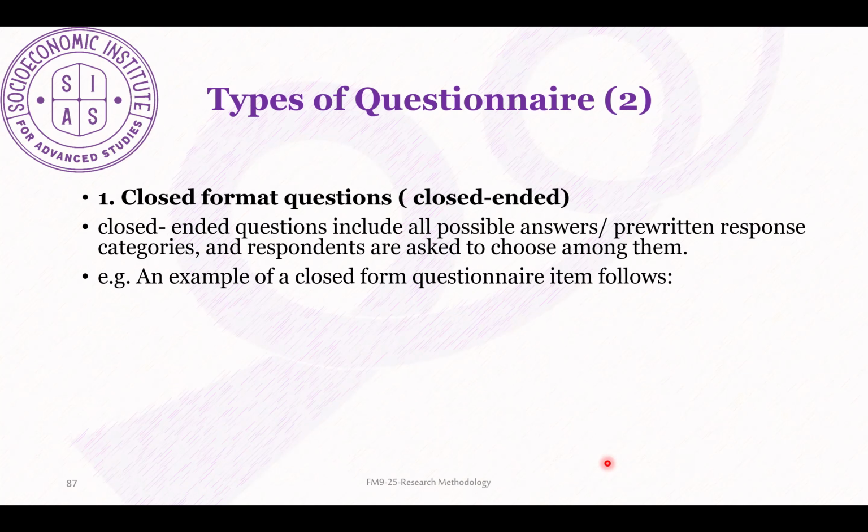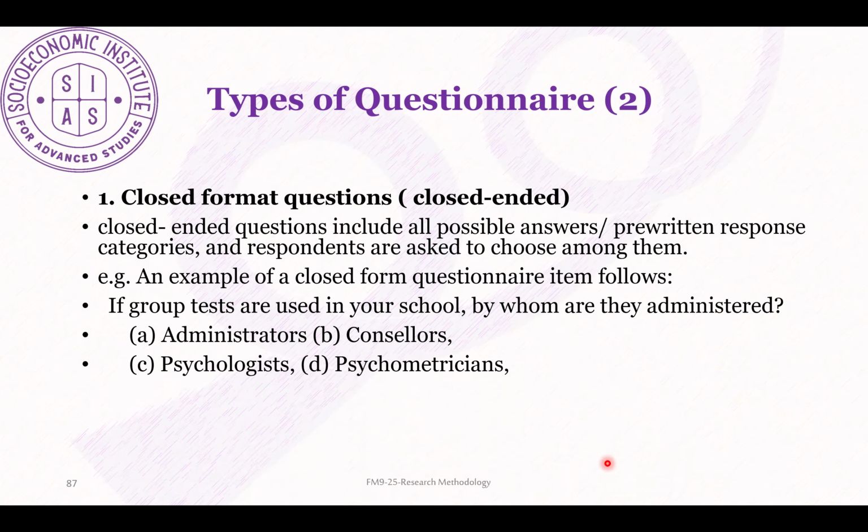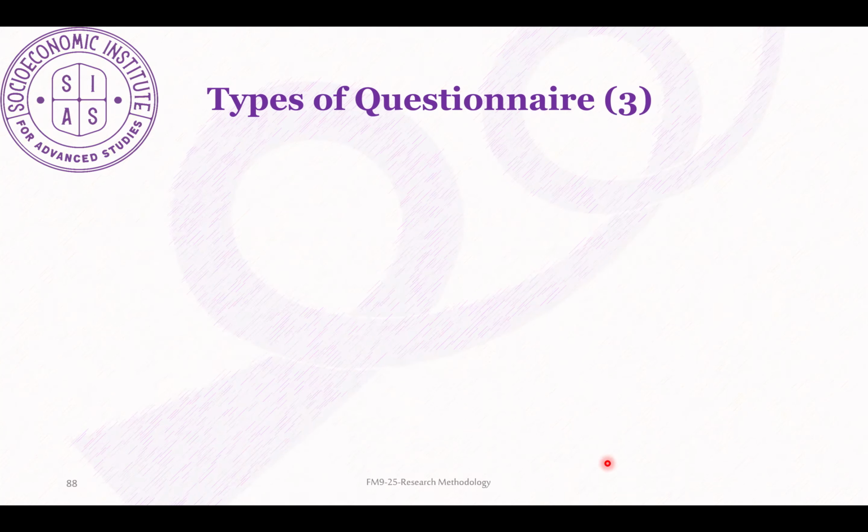For example, whether group tests are used in the schools or not, and by whom they are administered, whether through administrators or counselors. So the respondent can choose that, or maybe whether they are from psychologists or psychometricians or from teachers and so on.